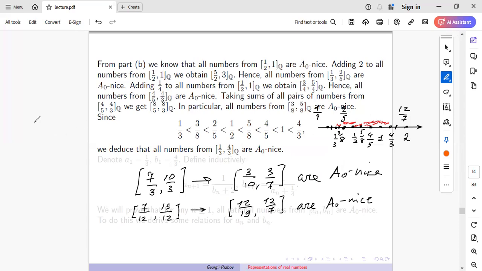Which means that we extended more the segment that consists of A0 nice numbers. And let's continue with this procedure.